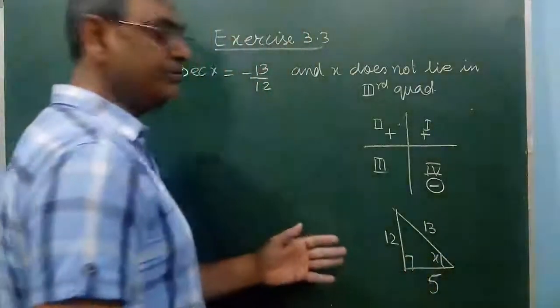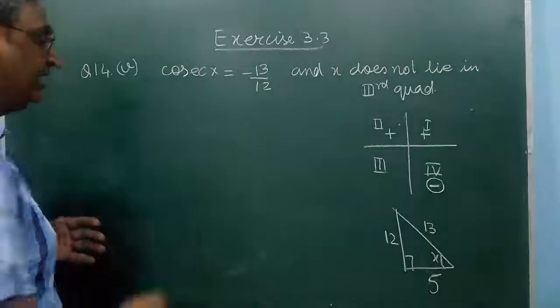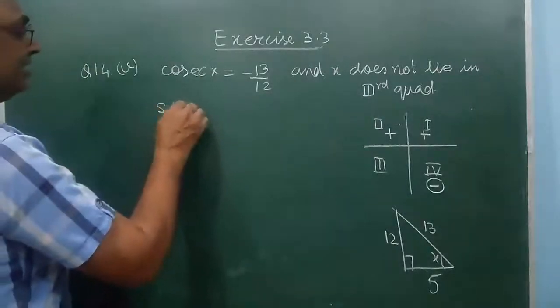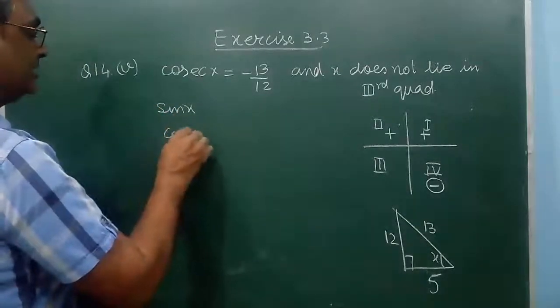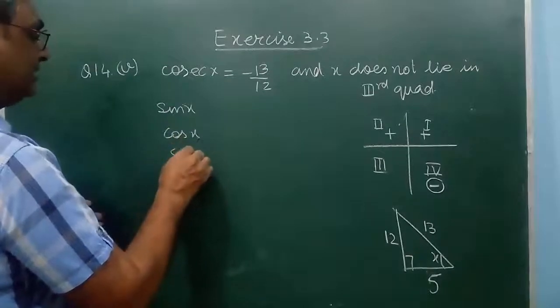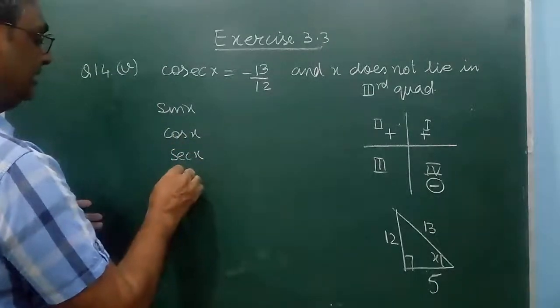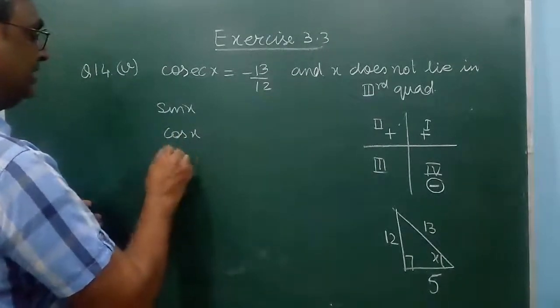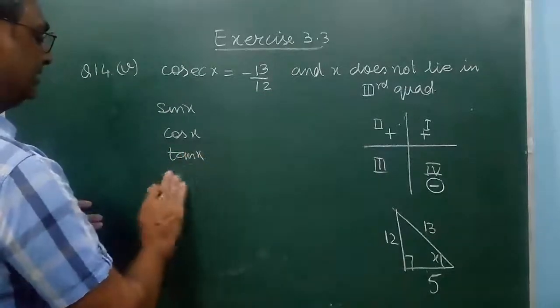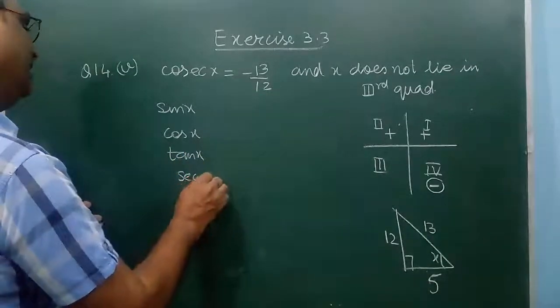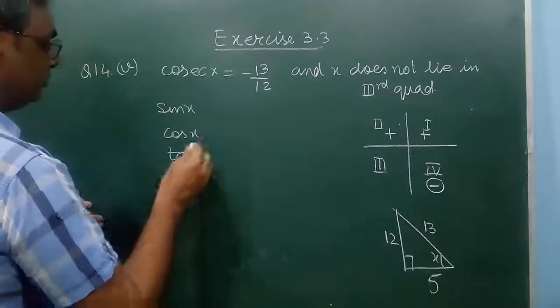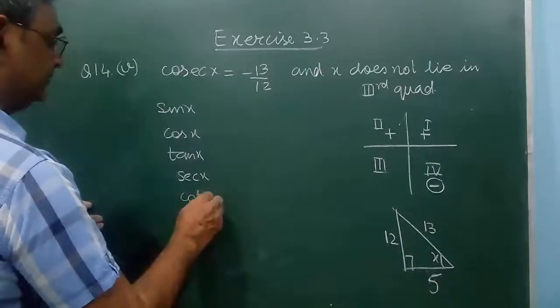Now we are not considering any minus sign here. So we need sin x, cos x, tan x, sec x, and cot x, since cosec is already given.